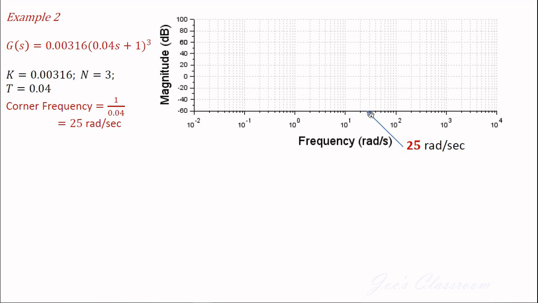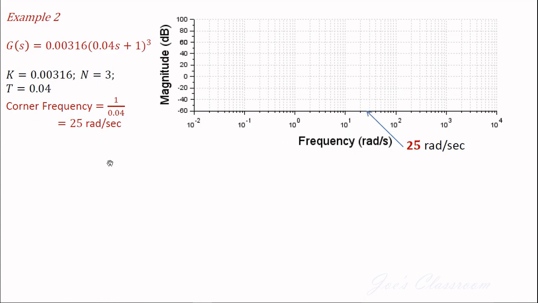So this is a logarithmic scale. If this is 1, 2, 3, 4, 5, 5 comes somewhere beyond the midway. So when you take 25, you should take a little farther than the midpoint. So that is why I've taken this 25 radians per second here.